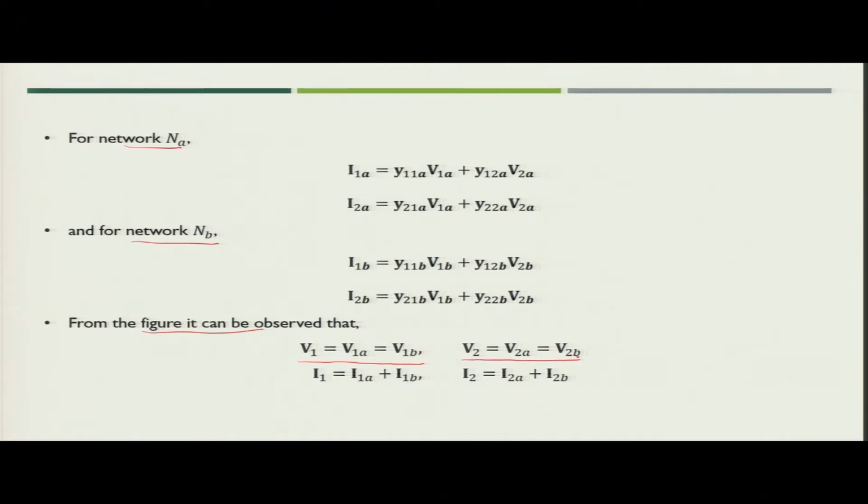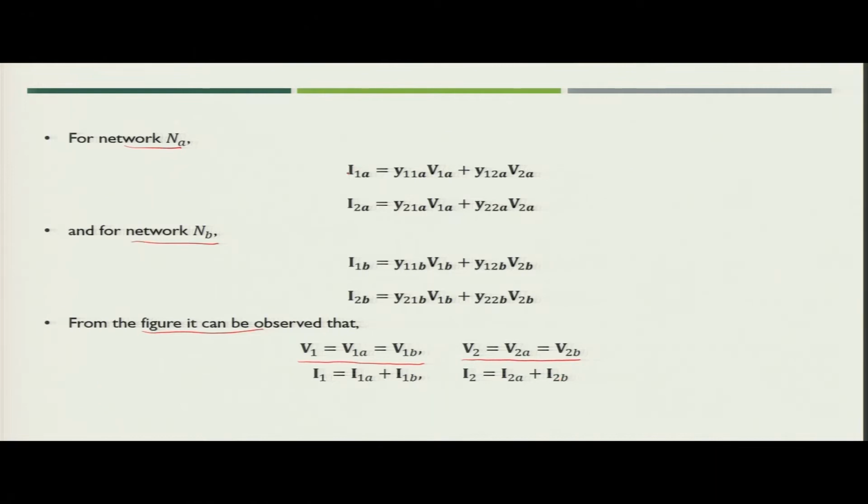Similarly, V2 is also equal to V2A and equal to V2B, while the current is the summed up quantity of the individual two port networks, that is I1 is equal to I1A plus I1B and I2 equal to I2A plus I2B.